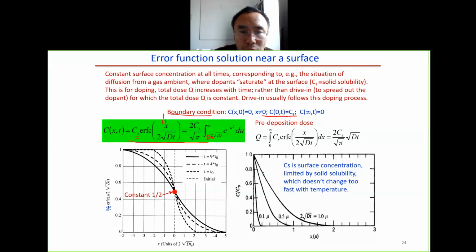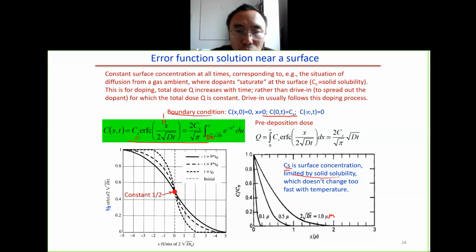So in the end, this is the dopant profile, for 2 square root of Dt equal to 0.1 micrometer, 0.5 micrometer, and 1 micrometer. The Cs, as we said, is limited by the solid solubility of each material in the silicon.